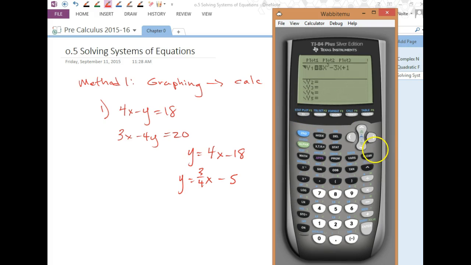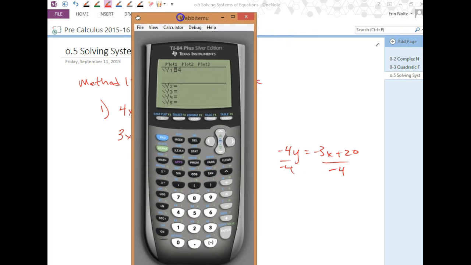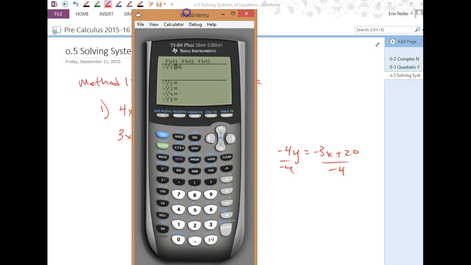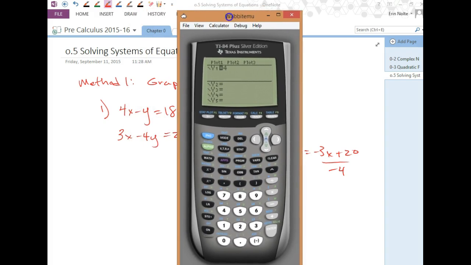So we're going to hit y equals, we're going to clear out what was there before. It's a regular because it was a negative over a negative, because you subtracted and then divided by negative 4. Negative over a negative. Oh, okay, I'm following.